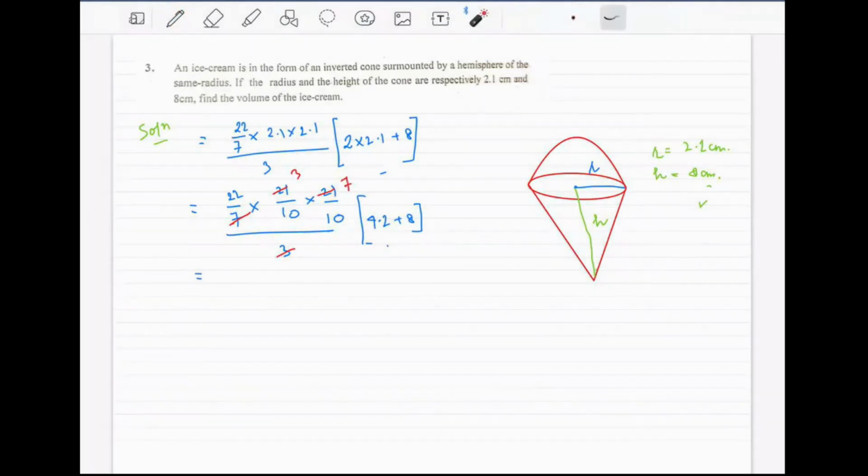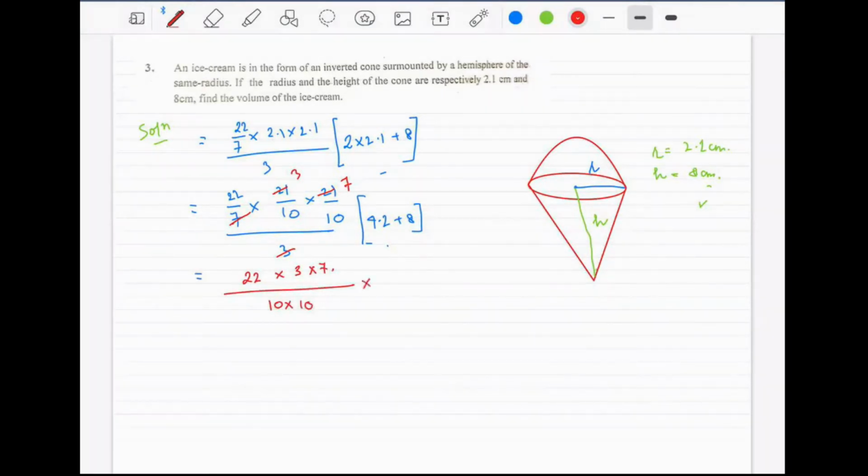Okay, this part is the numerator, 1 2 3 4, these are the denominators, you have to understand that. That's why we can cut the denominator and numerator. So whatever is left, you keep it. We will have 22 into 3 into 7 by 10 into 10.